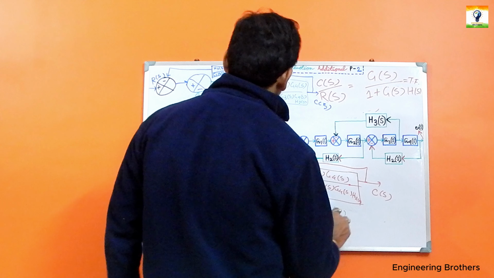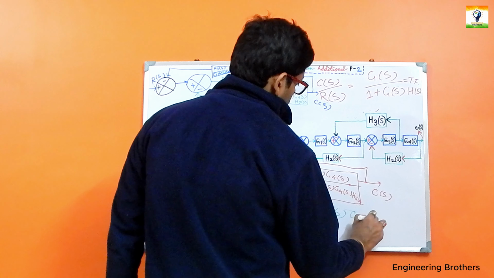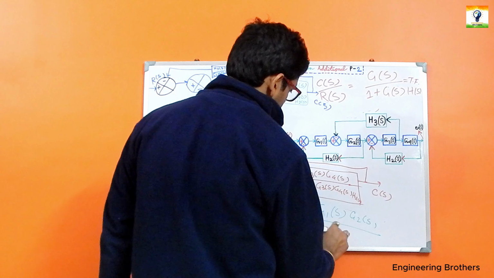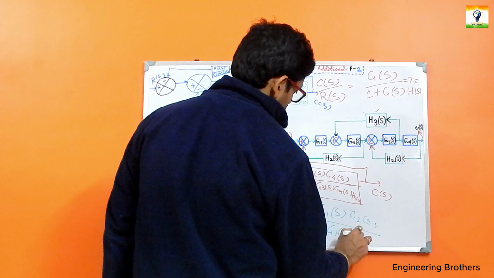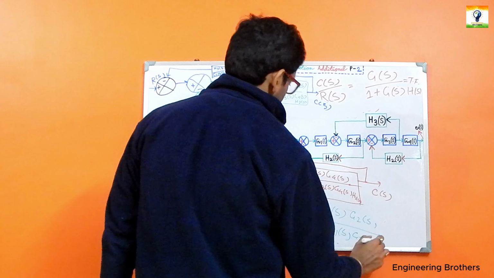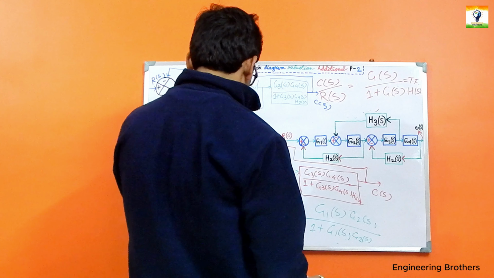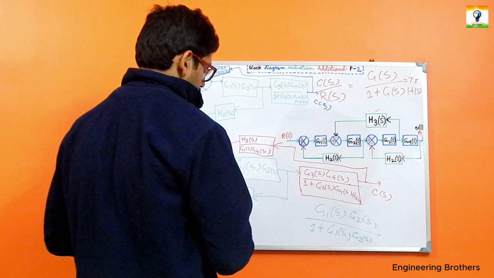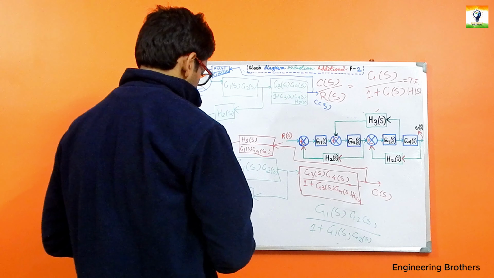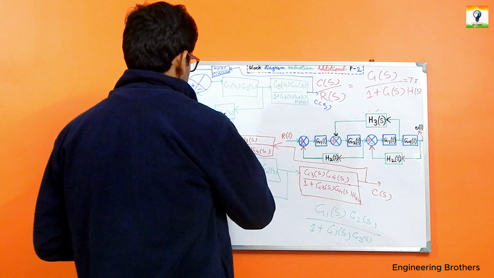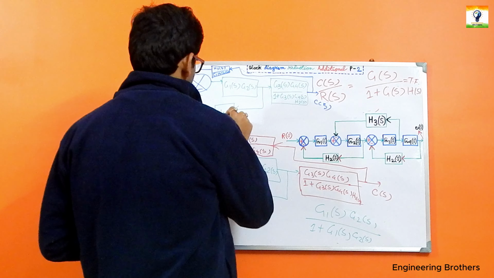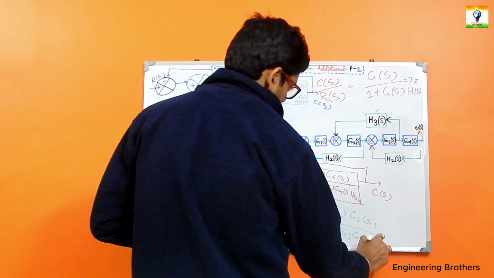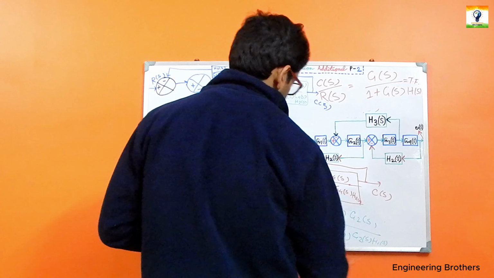which is our G1s G2s divided by our 1 plus G1s G2s, and quite naturally this one is our H1s that we have just interchanged over here, H1s.